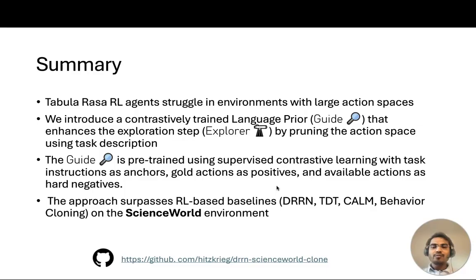The guide is pre-trained using a contrastive learning framework to learn a representation space where the task description is very close to relevant actions and very far away from irrelevant actions. We use this guide to train the explorer, and we see that our approach surpasses all the RL baselines like DRRN, text decision transformer, CALM, and behavioral cloning on the ScienceWorld environment.